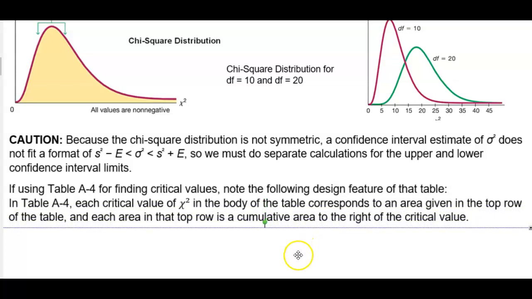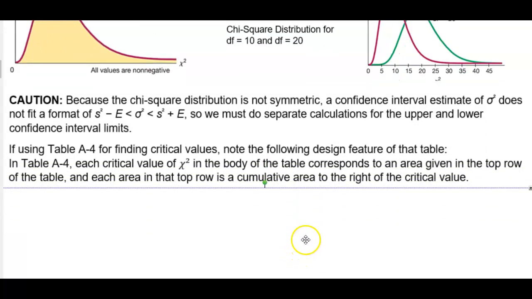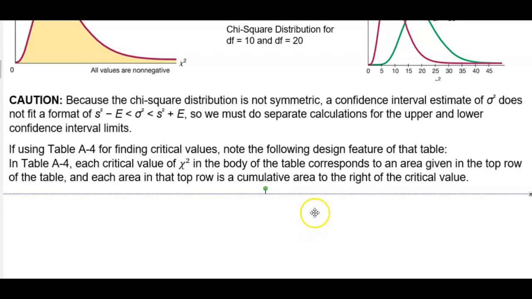Now, if using table A4 for finding critical values, note the following design feature of that table. In table A4, each critical value of chi-square is in the body of the table and corresponds to an area given in the top row of the table. And each area in the top row is a cumulative area to the right of the critical value.